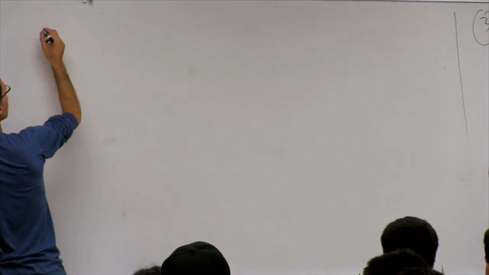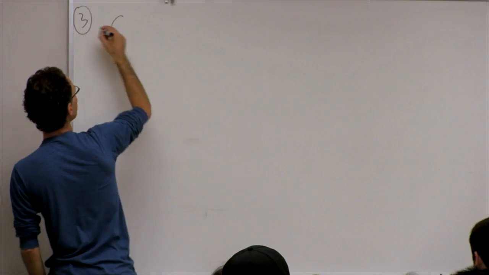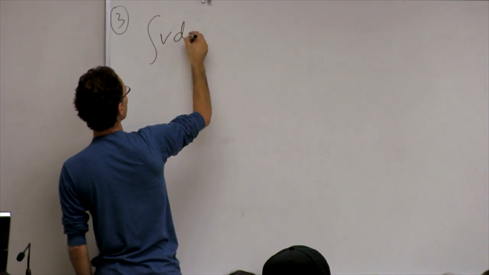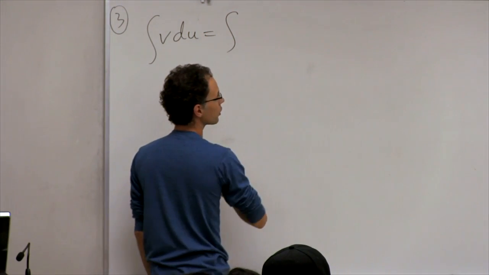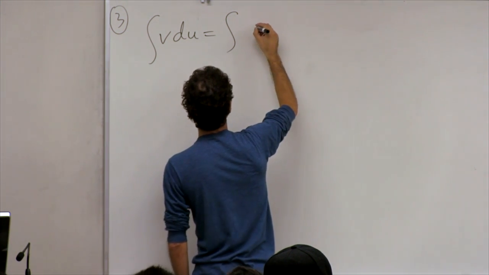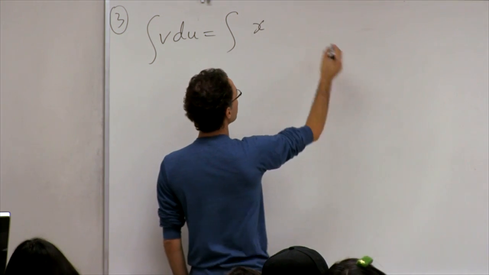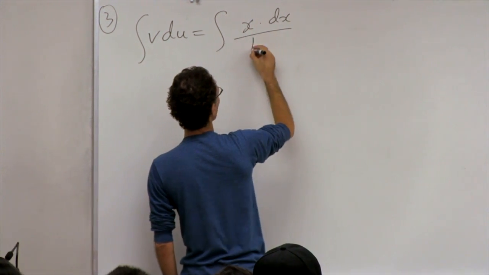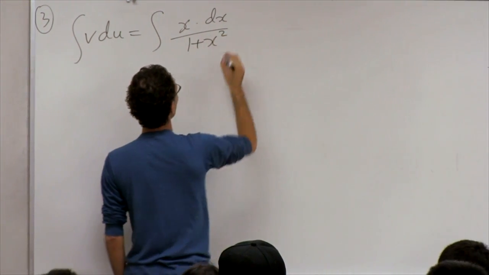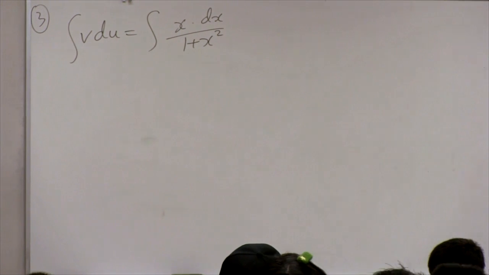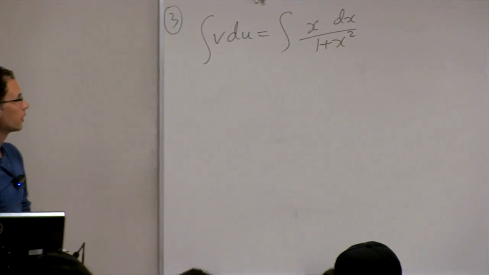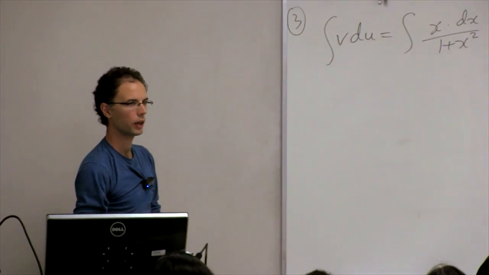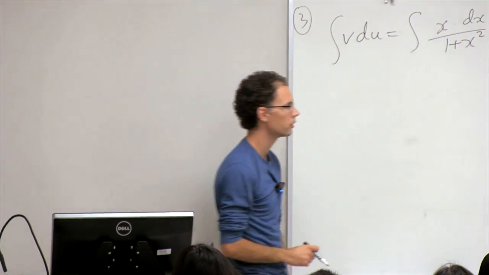So in particular, for the third step, if we want to compute the integral of v du, that's the integral of x times dx over, let's put everything over it, 1 plus x squared. OK. And, oh, we're actually not done yet. How do we do this integral?